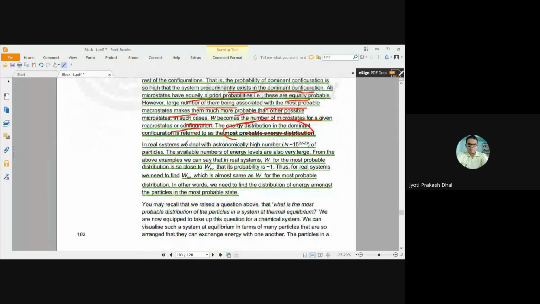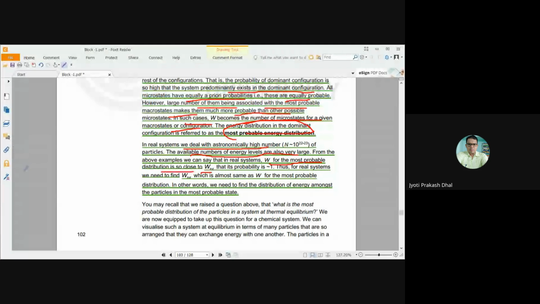So in a real system, we deal with an astronomically high number of molecules, that is, n should be in the range of 10 to the power 22 or 10 to the power 23 particles. The available number of energy levels are also very large. From the above example, we say that in a real system, W for the most probable distribution will be so close to W total.